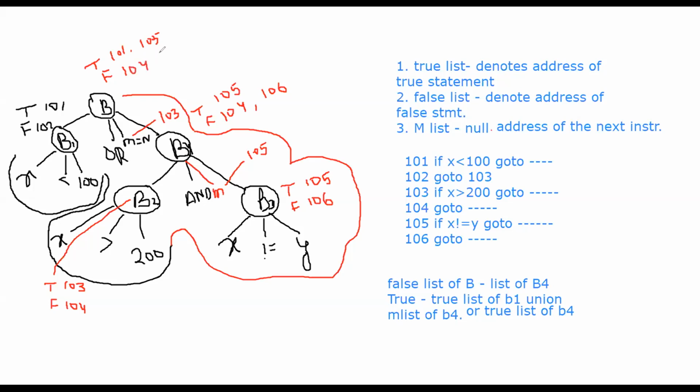It is 104 and 106. Fine. So this is the parse tree of the backpatching. If we see this code again, what will this code contain now?